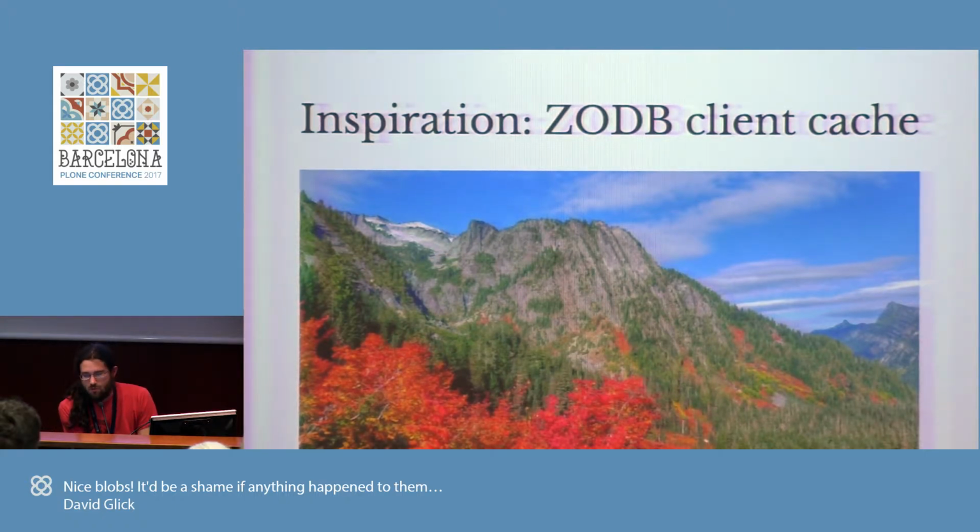Pretty quickly I remembered that ZEO has a cache of blobs. If you've got a ZEO client running on a machine and it's connecting to a ZEO server, it'll fetch blobs when it needs them from the server. It'll put them in a local directory on disk, and then it'll open up the file and use it from there.